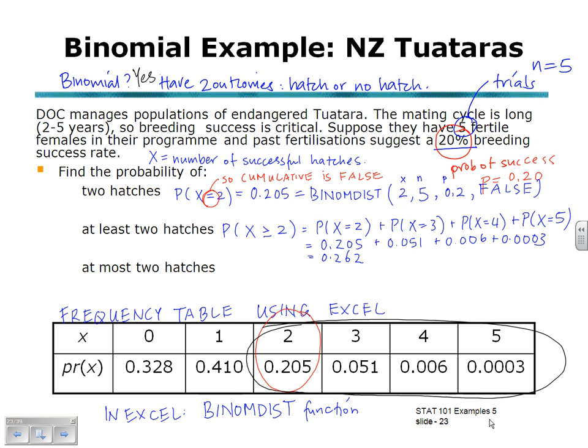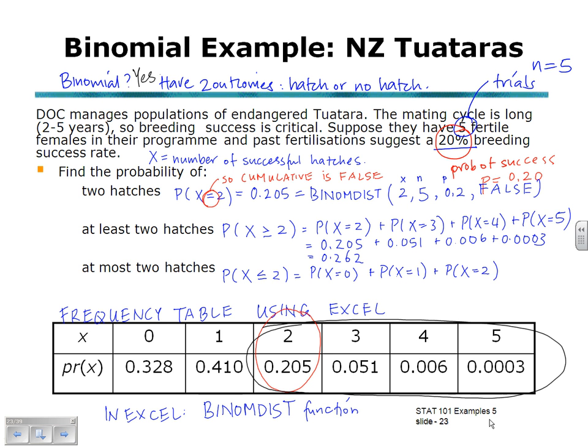The last question, at most 2 hatches. At most 2 hatches. So x could be 2 and also it could be less than 2. Less than or equal to 2 in this case, which will be adding together the probability that x is 0, the probability that x is 1 and the probability that x is 2.